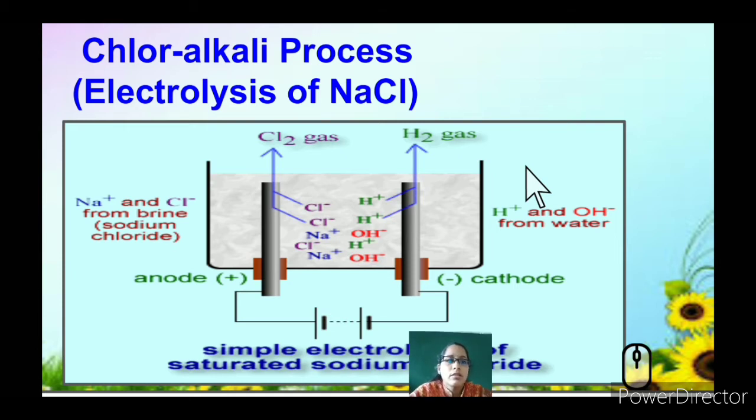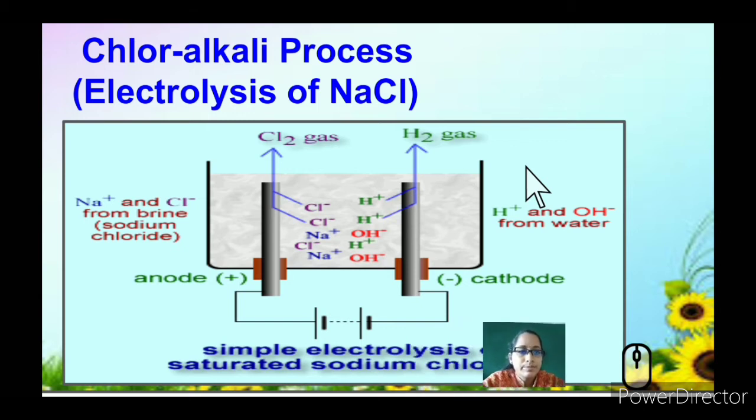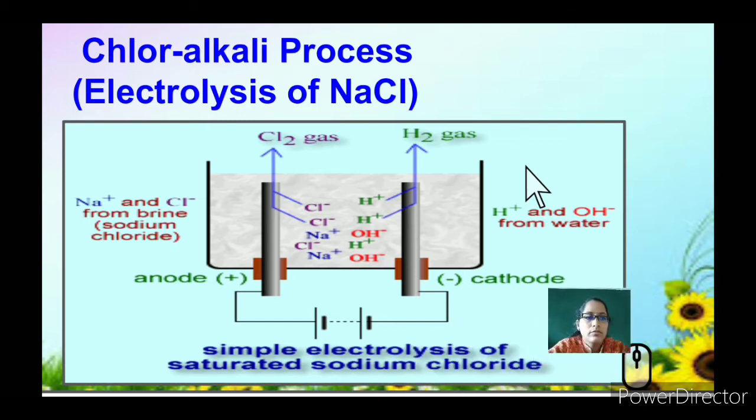Let's see the complete process through a diagram here. Chloralkali process, electrolysis of sodium chloride. You can see here that you have added sodium chloride to the water and mixed it, and you can see simple electrodes, anode and cathode.